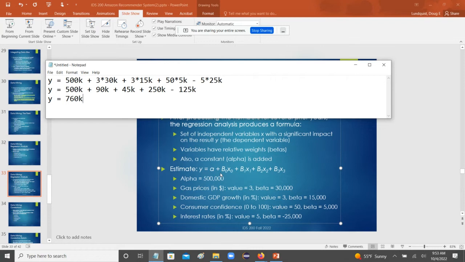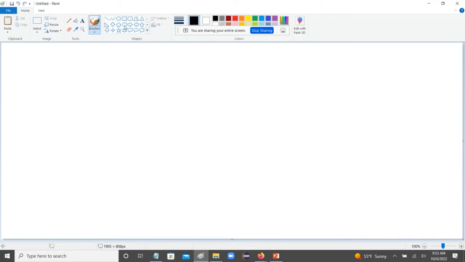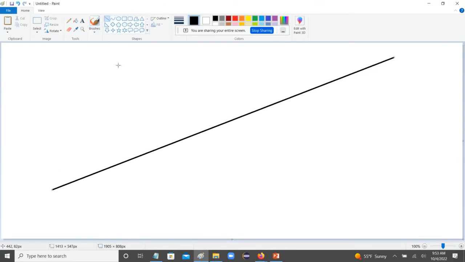Now, there is some weirdness with regression analysis. I'm just going to mention this. You have a bunch of data, and you're going to try to get some line that stretches, we know that a line is infinite, right? It goes all the way from one end to the other.